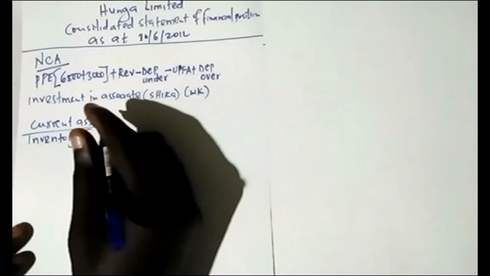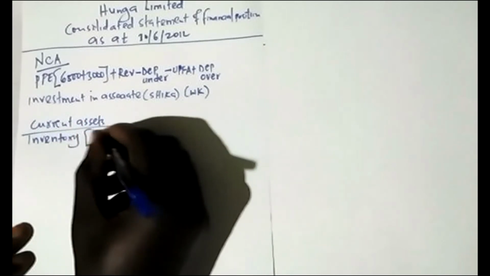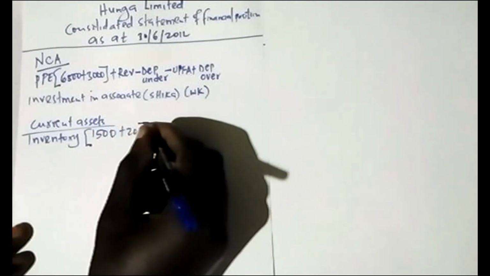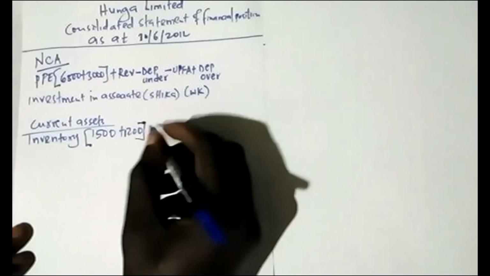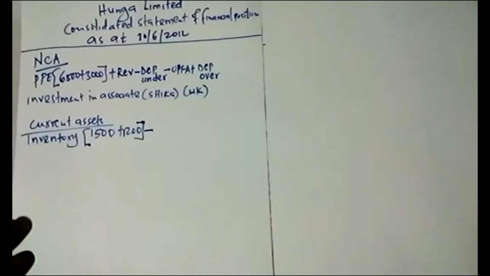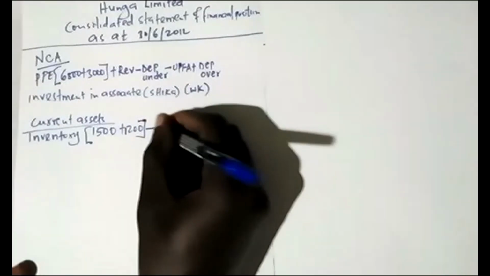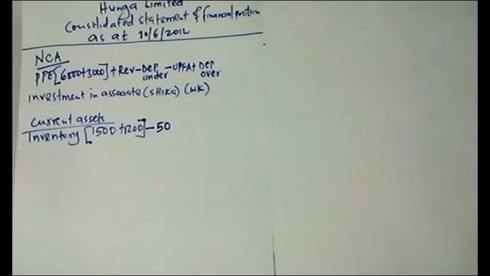So inventory is all about parent plus subsidiary of 1,200. So here we have to raise UPS, the unrealized profit on stock. And I remember very well we did this, it was 50.